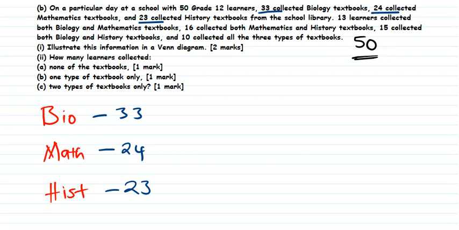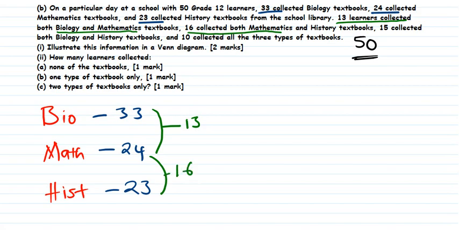Okay, now let's try to go to the intersection part. So we are told 13 of them collected both biology and mathematics. Both biology and mathematics. How many were they? 13. 16 of them collected both math and history.